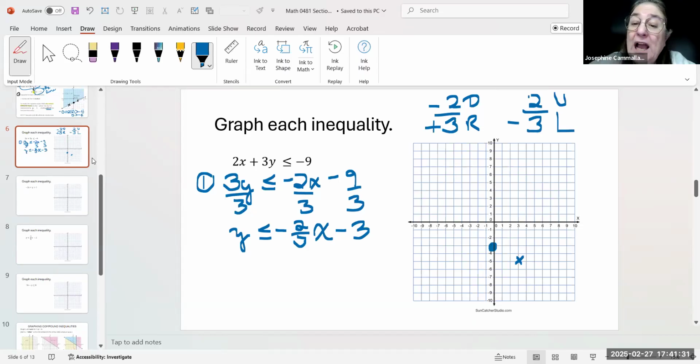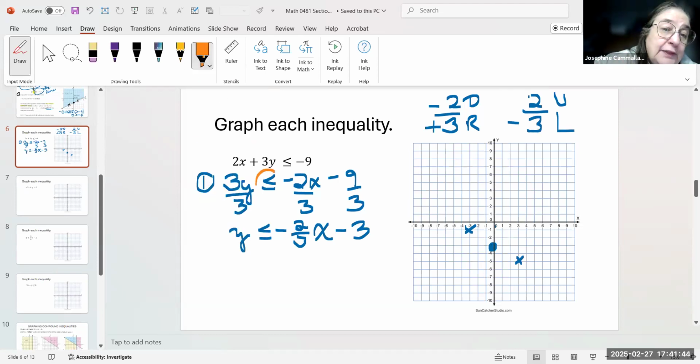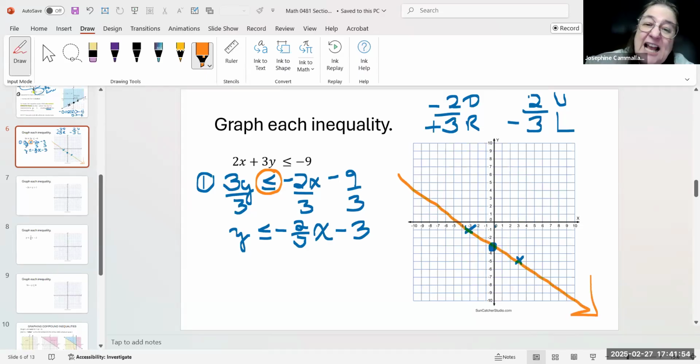So I'm going up 2, left 3. Now, before I take my ruler, look at this symbol. It has a line underneath it, which means when I connect my blue dots, I'm going to have a solid line.